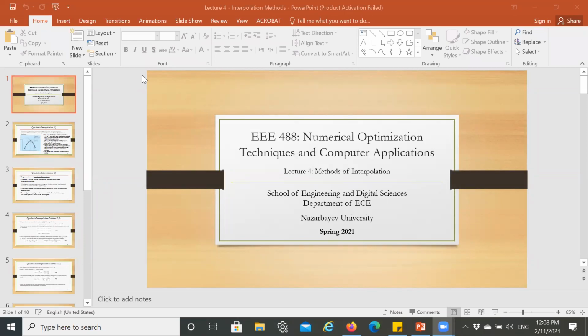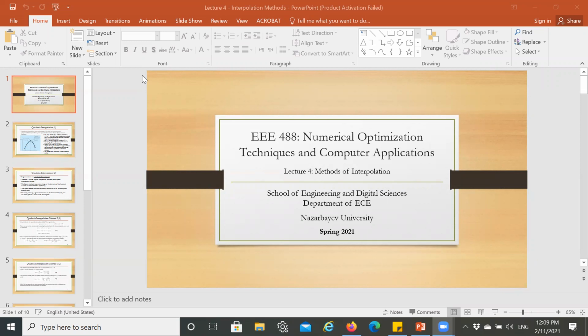Then we can find the minimum or the reduced interval of uncertainty by applying the one-dimensional search method. So we saw a number of them. To quickly remind you, it was unrestricted search, exhaustive search, dichotomous search, interval halving, Fibonacci search, and golden section method. So this is what we have seen so far.